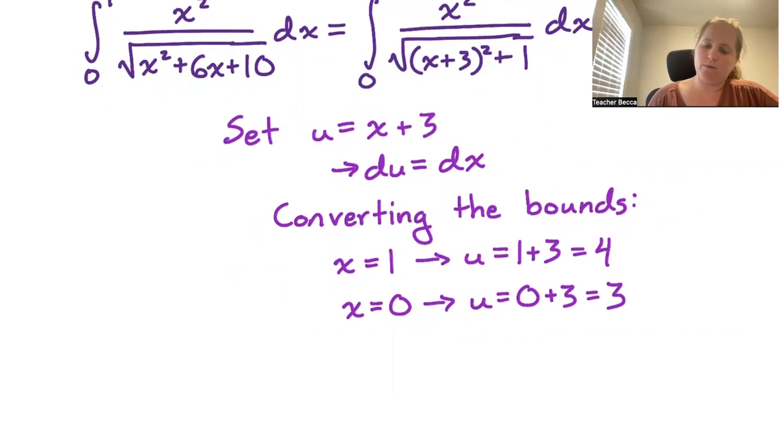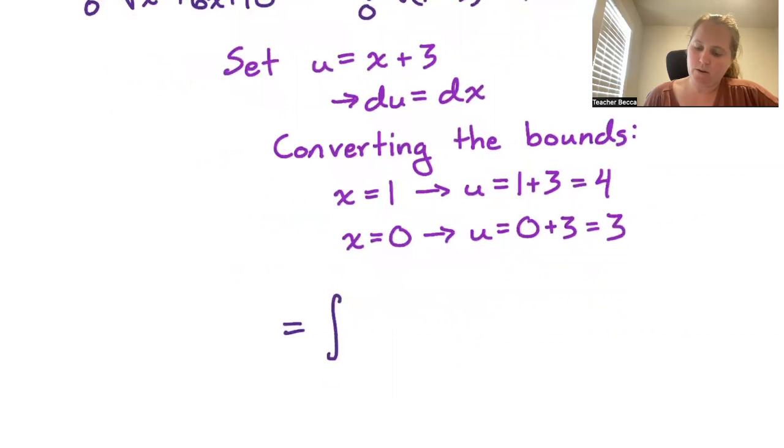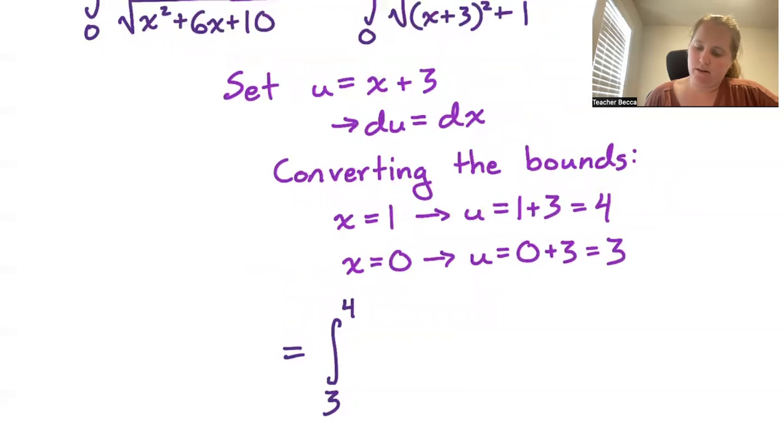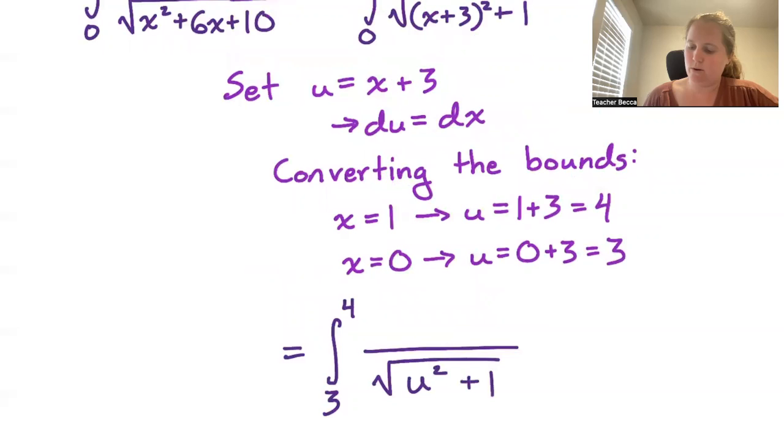And so we are working with a definite integral from 3 to 4 of x squared over the square root of x plus 3 is now u squared plus 1. Dx is du. Our x would be the same as u minus 3.